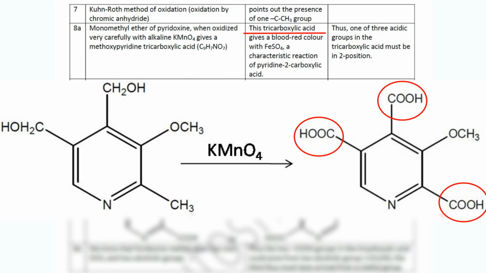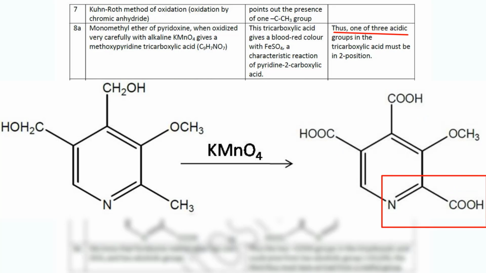This tricarboxylic acid gives a blood red color with ferrous sulfate, a characteristic reaction of pyridine 2-carboxylic acid. Thus, one of the three acidic groups in the tricarboxylic acid must be at the 2 position.